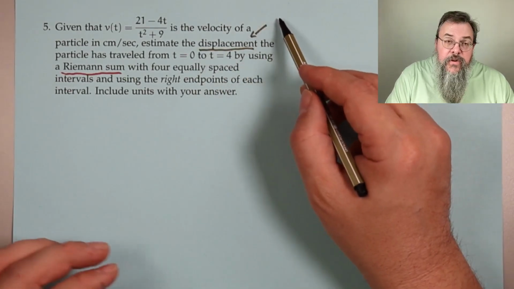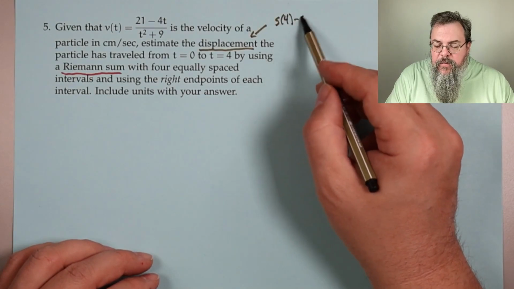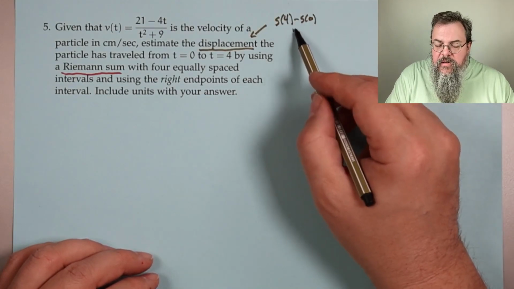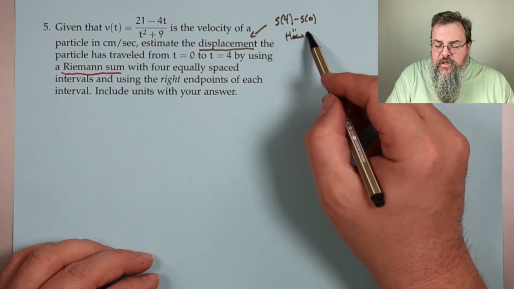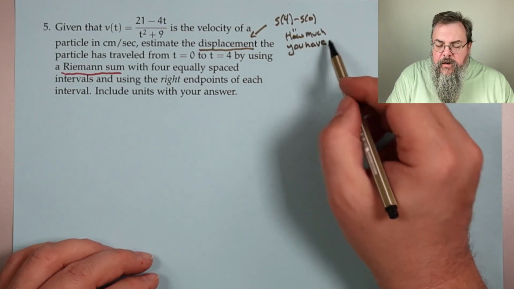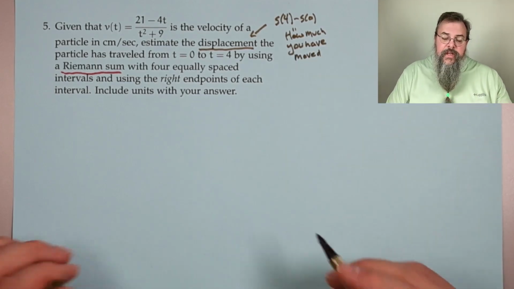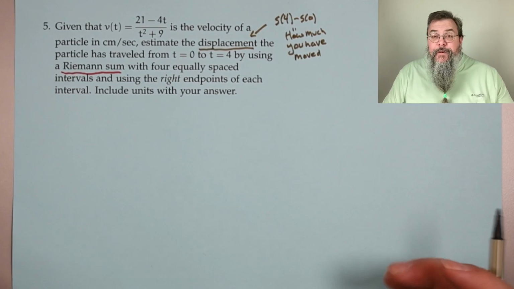Displacement is really just another way of saying how much have you moved. So in terms of the position function, s of 4 minus s of 0, this is how much you have moved. We don't really know where we are at time 4 or at time 0. We're trying to compare. So how do you find how much you move?